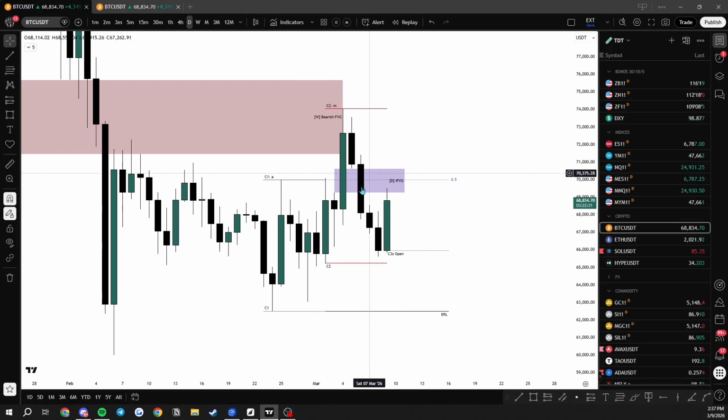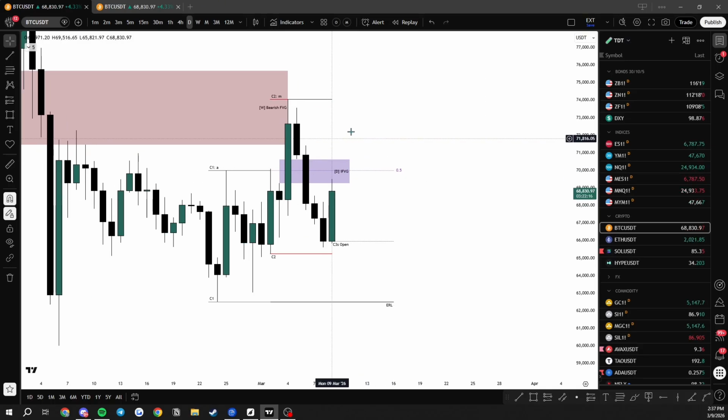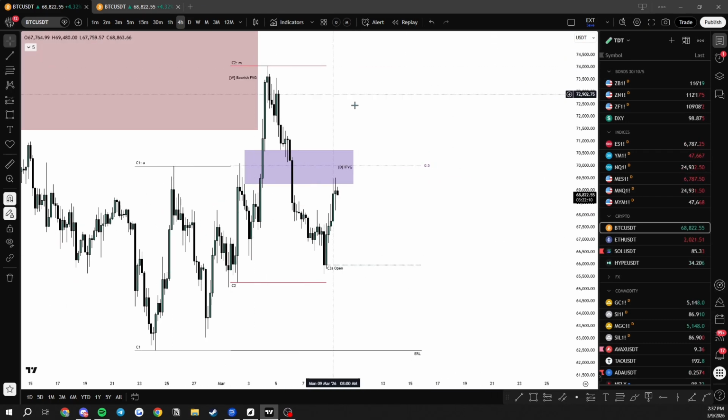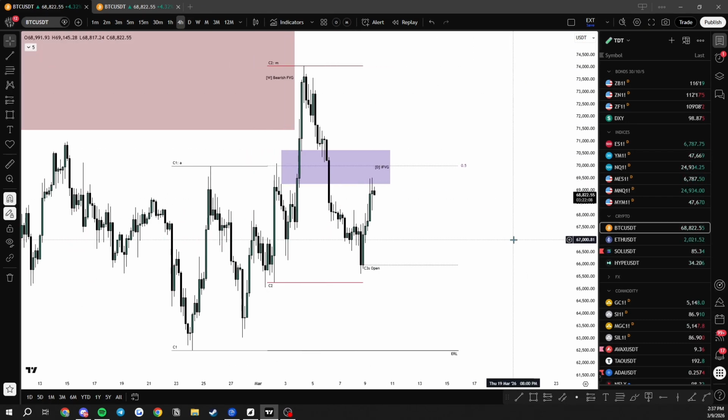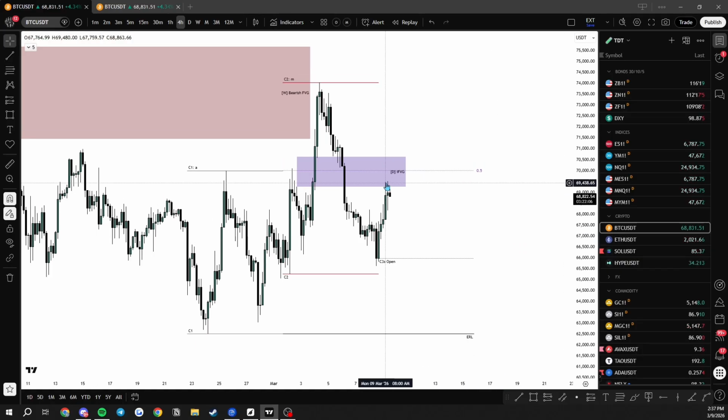So using this inversion fair value gap, now let's take a look at the 4 hour. As you mentioned, John, we have a candle 2 closure back inside candle one's range. Candle one even has a little devil's mark here, which is pretty nice.